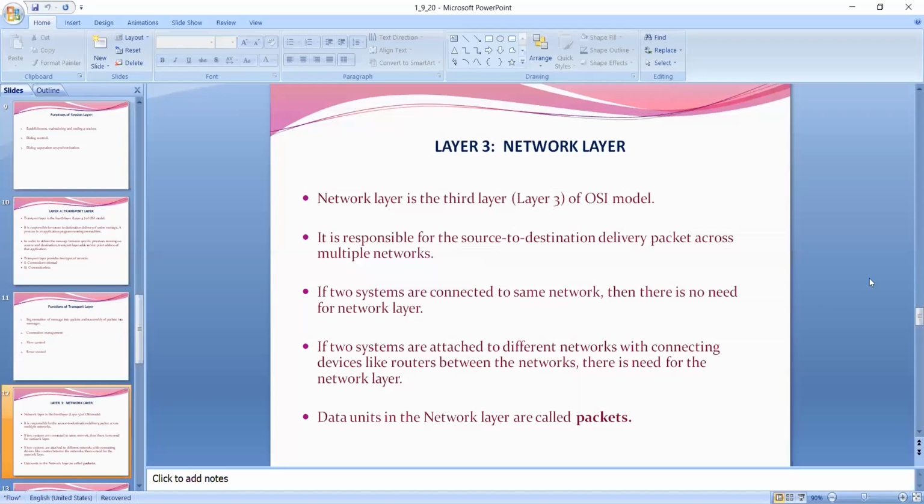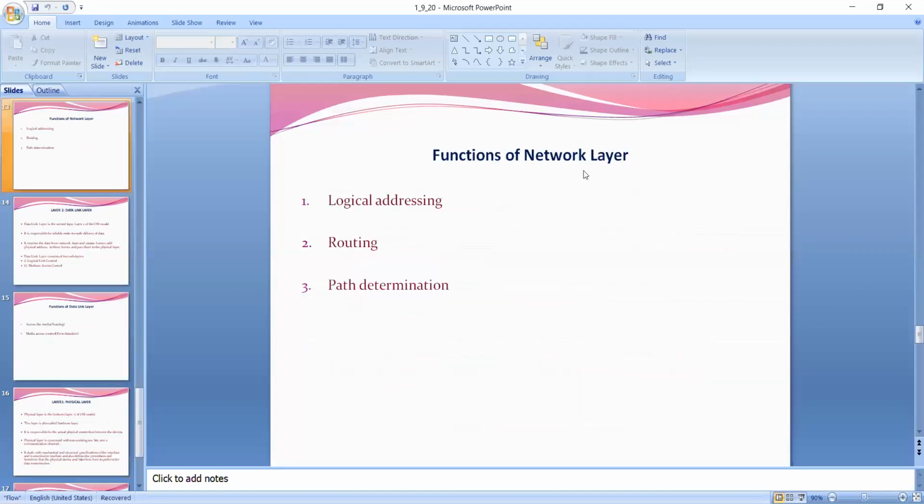Next, we will see what the functions of the network layer are. The first function of the network layer is logical addressing. These are the three very important functions performed by the network layer: logical addressing, routing, and path determination. So first we will see logical addressing. I will explain it with a diagram.